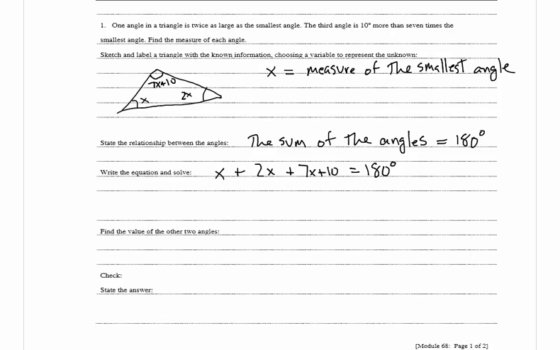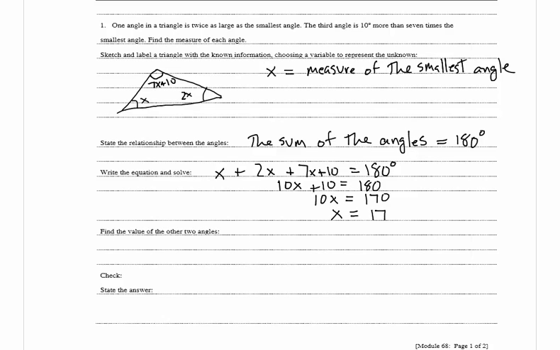So now we're going to combine our like terms. So we have x plus 2x plus 7x is equal to 10x plus 10 is equal to 180. Subtract 10 from both sides and we get 10x is equal to 170. And now we're going to divide both sides by 10 and we get x is equal to 17.